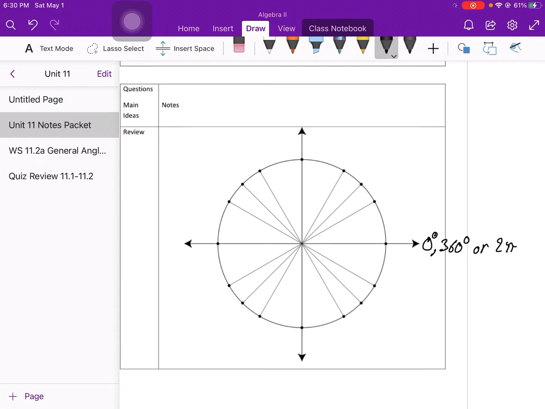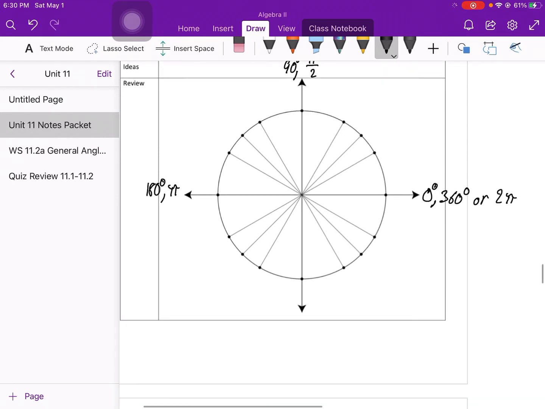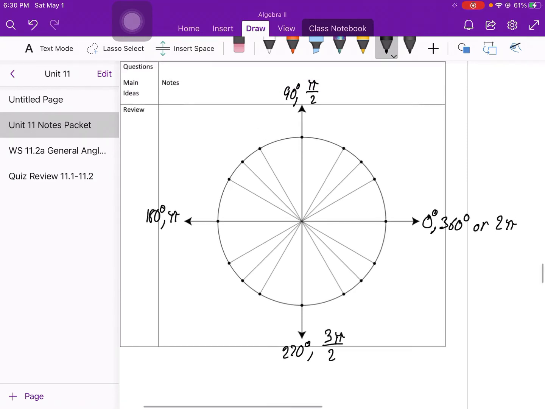Up at the top here, this is 90 degrees, or in radians, it's pi over 2. This one here on the left is 180 degrees, halfway around, or pi in radians. And then the last one, we have 270 in degrees, or 3 pi over 2 in radians. And then we would circle back around and start back at 2 pi.